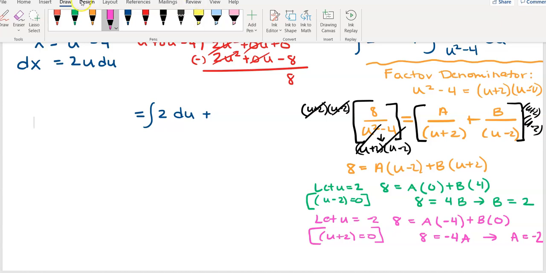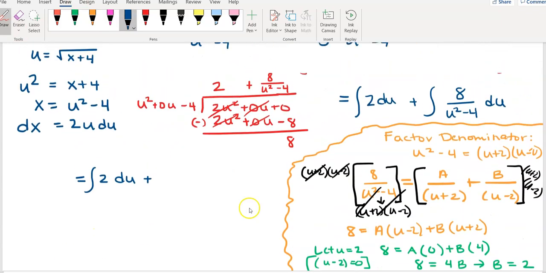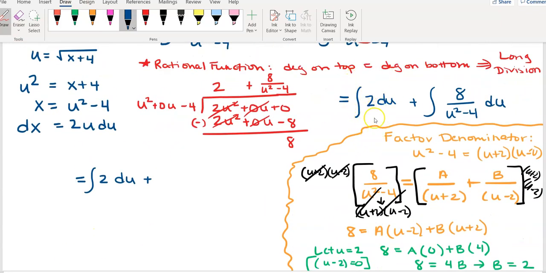Okay, so now that I've done this little side of partial fractions, I can now tell what my integral is going to be set up as. So instead of having the integral of 2 du plus this 8 over u squared minus 4, we'll still have that first part, but now we'll have the two partial fractions as a part of our integral.